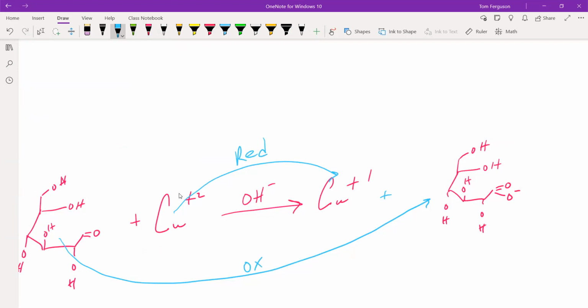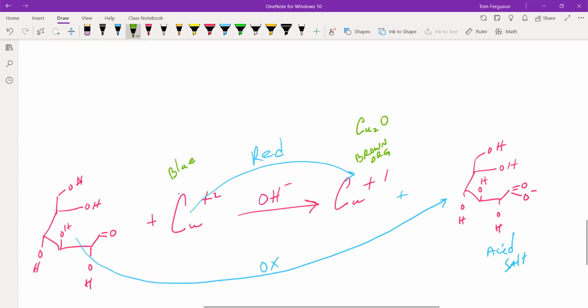So this would be the acid salt. And this would be blue. And this is going to be the cuprous oxide. So that would be the reaction that we'd be looking for.